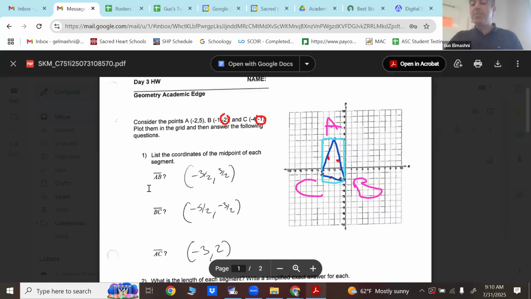If I were to find the slopes of these, it's a good quick discussion because I think we're gonna have it tomorrow. If you look at AC, the slope of AC should be up 6, right 2, so it should be a slope of 3. That's slope of -1/3. So that's also more evidence that this would be a right angle because the slopes are negative reciprocals. Because what's the reciprocal of 3?